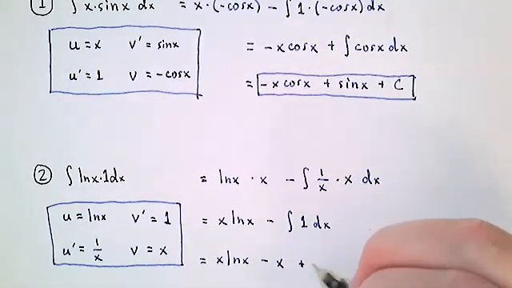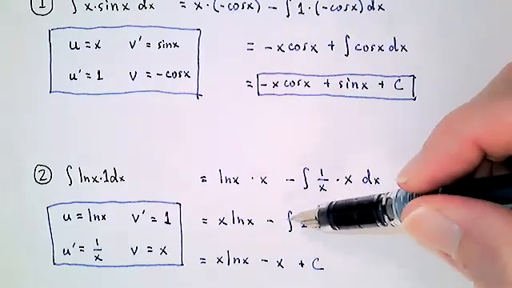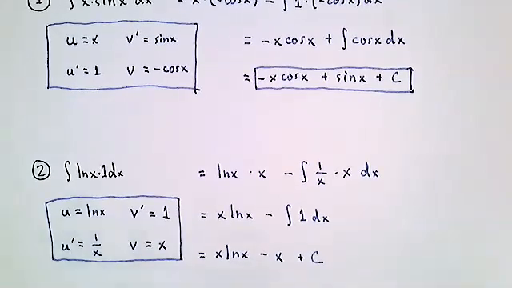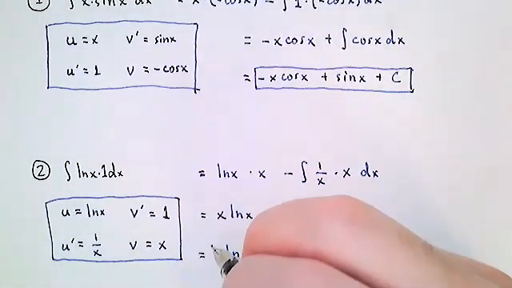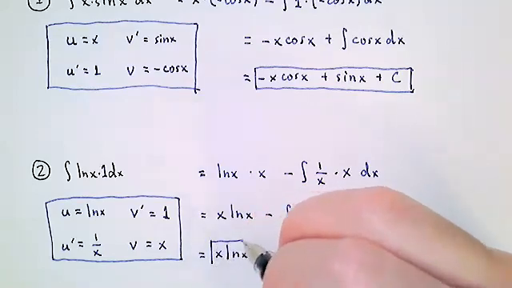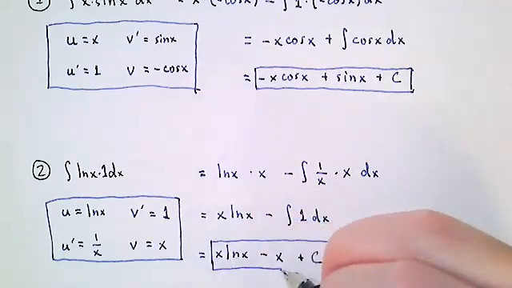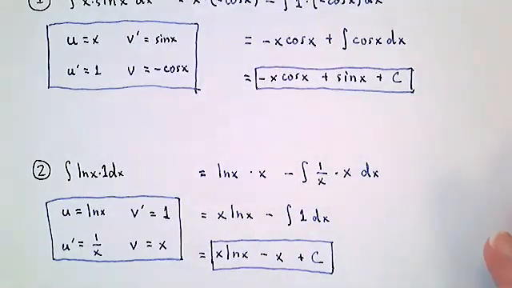And then we'll need to add a constant since we're looking at an indefinite integral. And that's it. That's how you integrate natural log. You get an x log x minus x plus a constant.